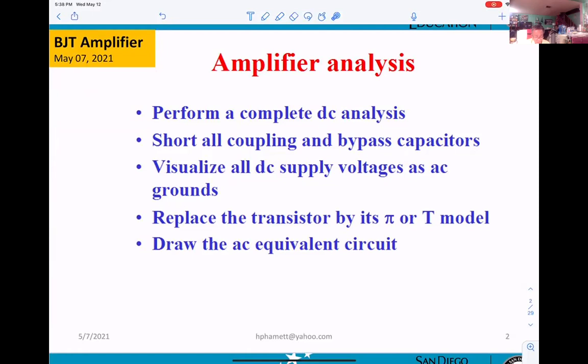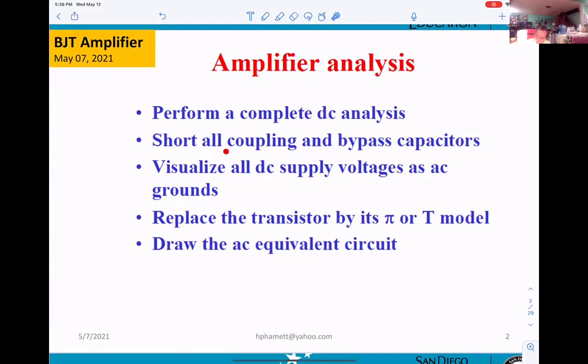If you want to perform amplifier analysis, that means for the AC signal, then you have to completely perform the DC analysis first. That means the calculation for the DC must be done.